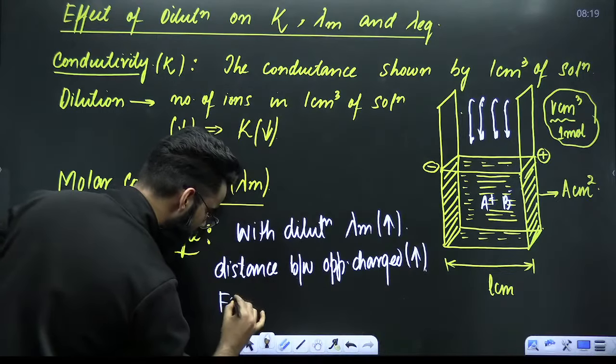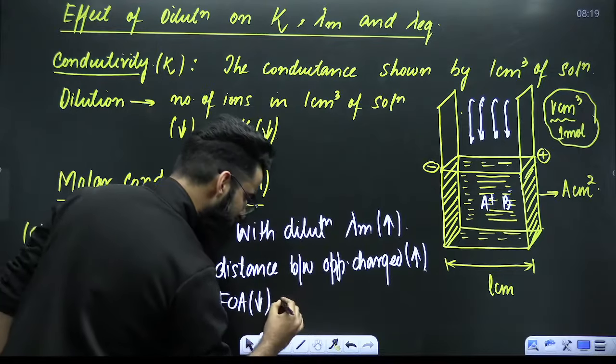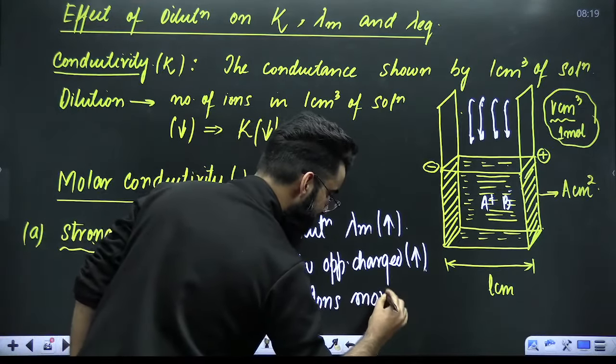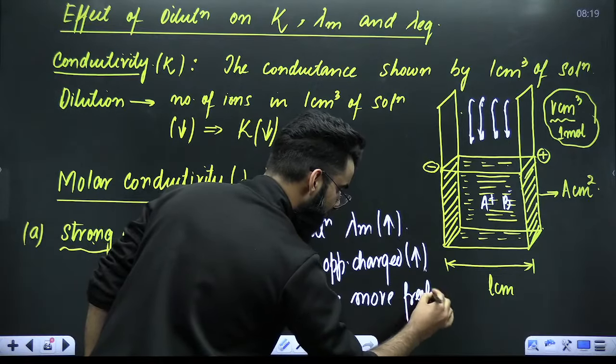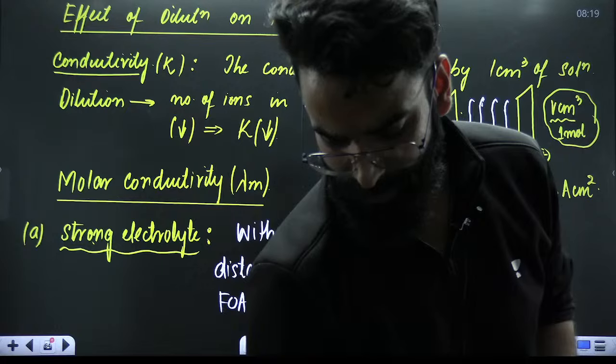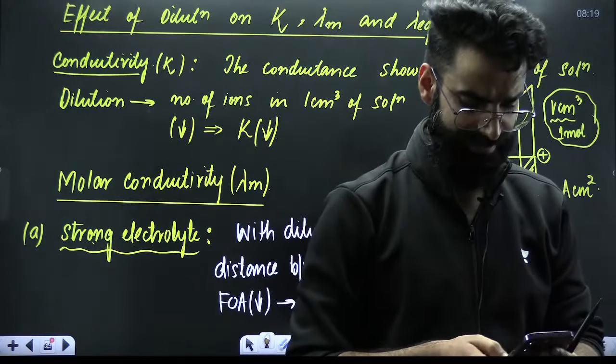Hence, force of attraction between the ions decreases, and eventually the ions start moving comparatively freely. I hope this point is clear to everyone. Is this point clear to everyone? Quickly in the chats.